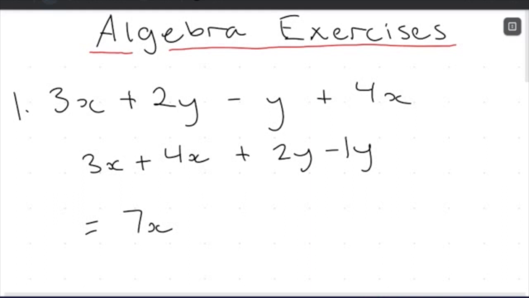Because 1 times any number just gives us that number. So it holds that 1 times y just gives us y. But that actually allows us to compute this bit, in which we are going to just minus 1y from 2y. And we are just going to get left with y here.